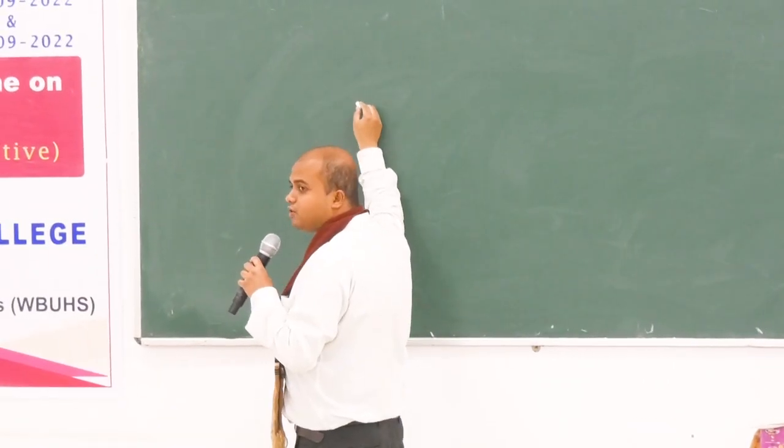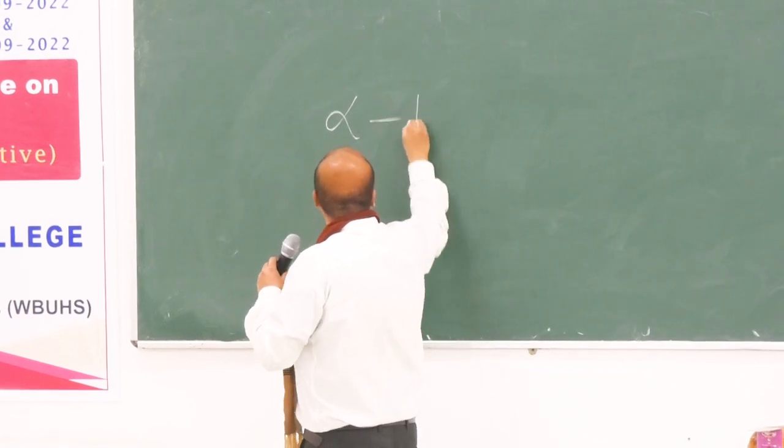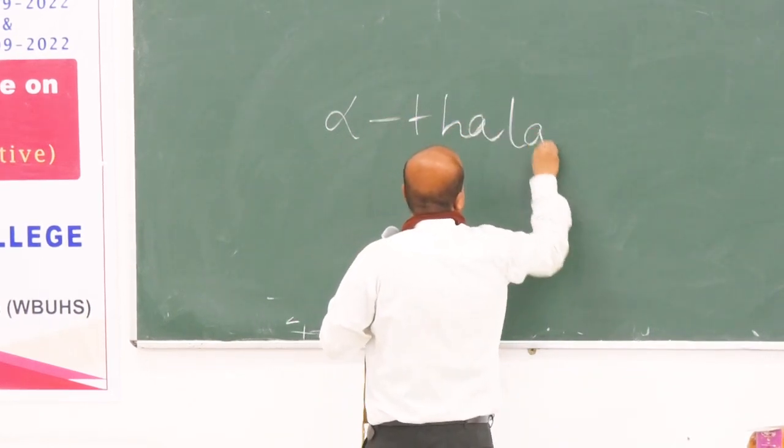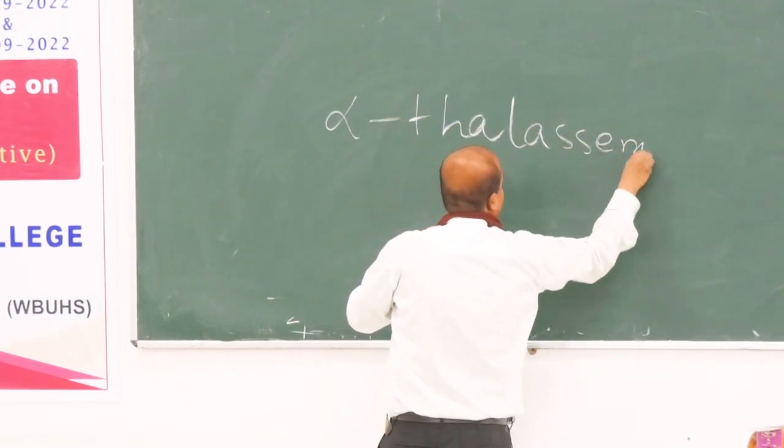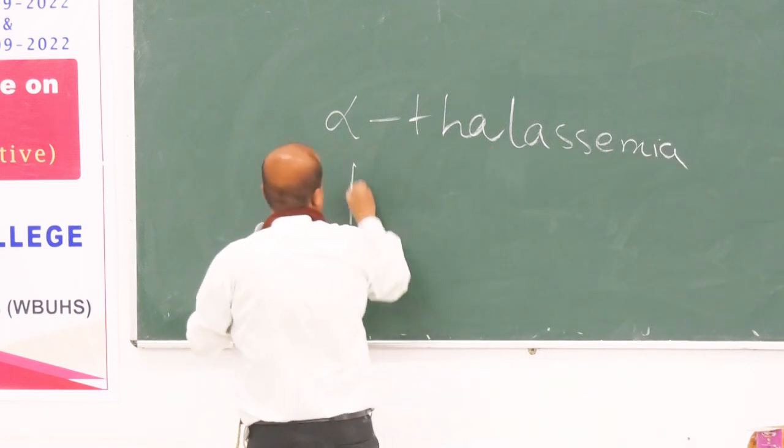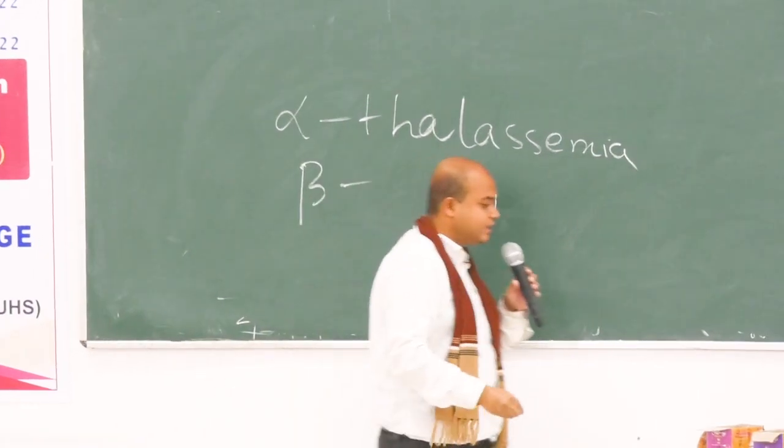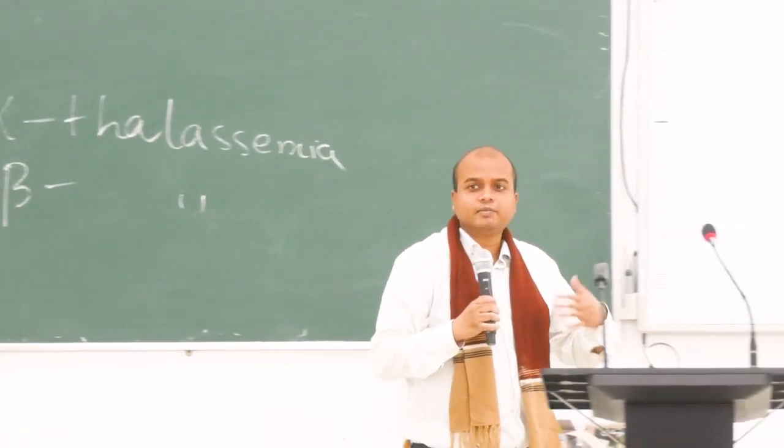Two major ones are alpha thalassemia and beta thalassemia. Alpha thalassemia occurs when there is reduced synthesis of alpha chains.